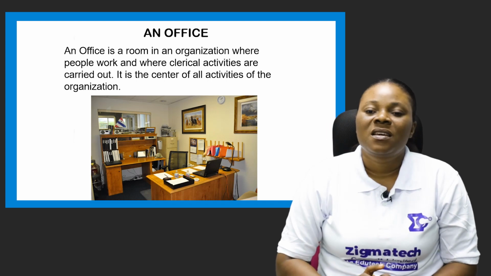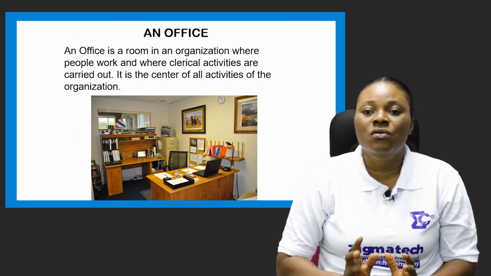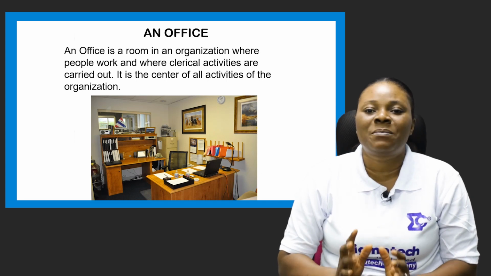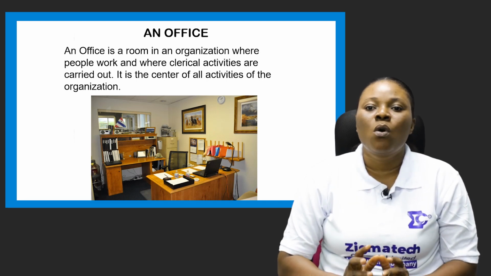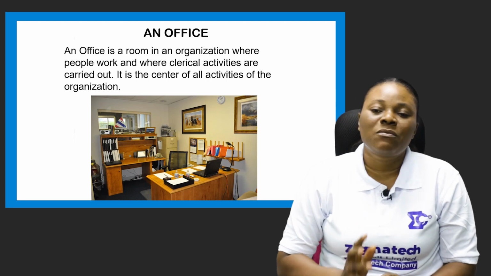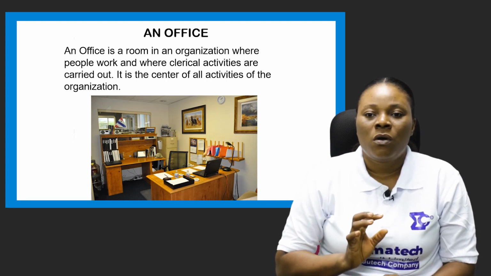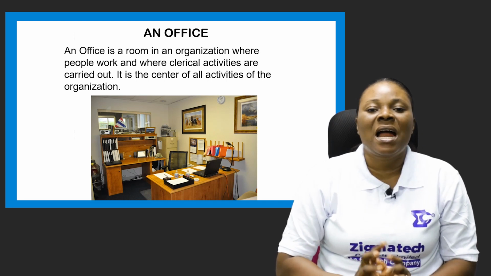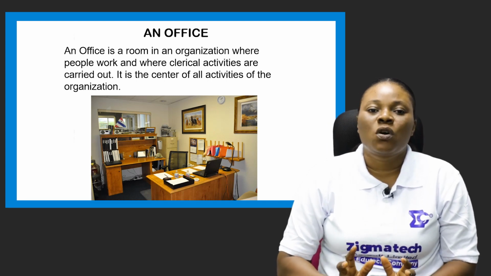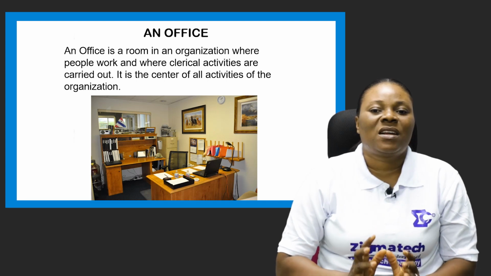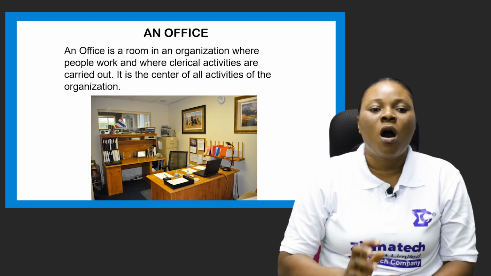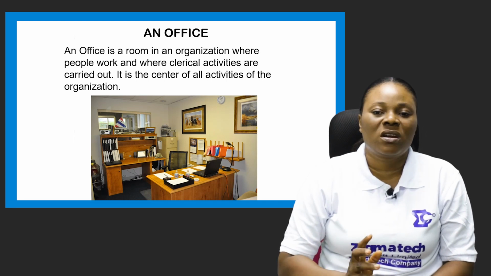An office can be defined as a room or a place in an organization or in an establishment where people work. And in this same room or place, clerical activities are mainly carried out there. So we can simply say that an office is the center of all activities carried out in an organization.